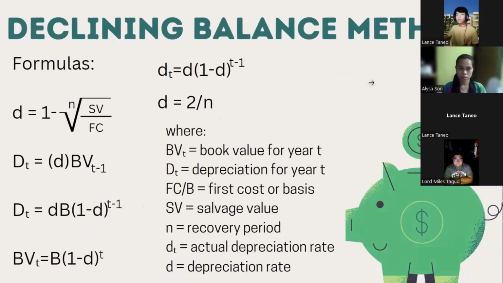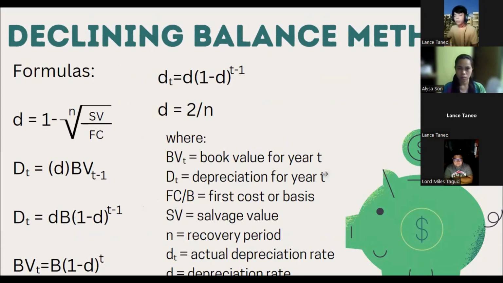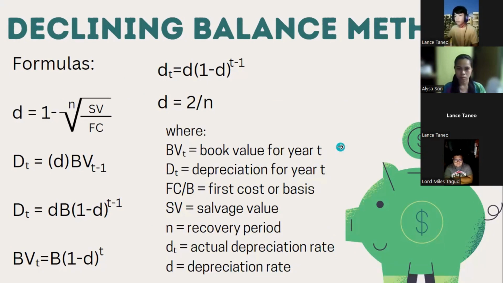So these are the formulas of the declining balance method. In getting the depreciation rate, we must use 1 minus the n-th root of salvage value over first cost. In getting the depreciation for year t, we must use d times BV_(t-1).